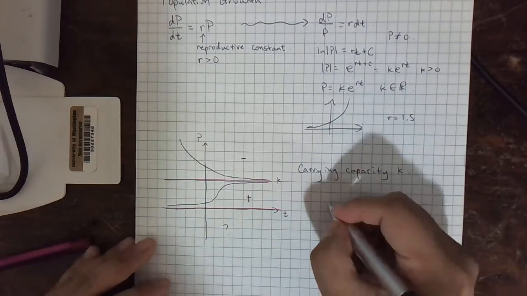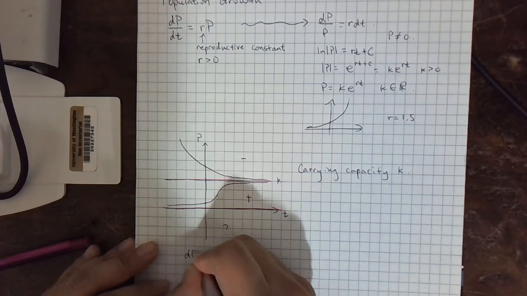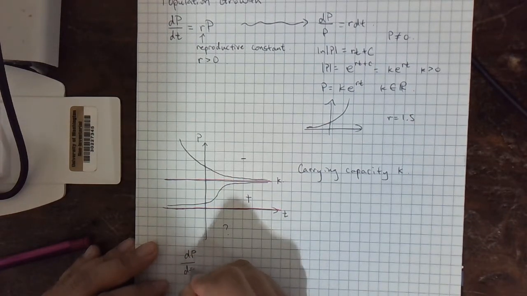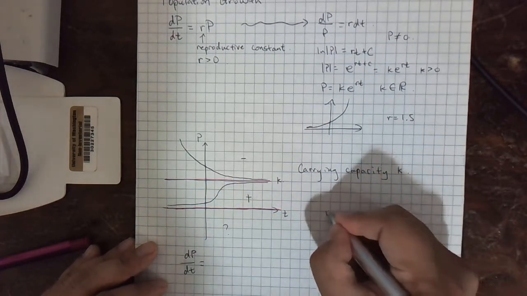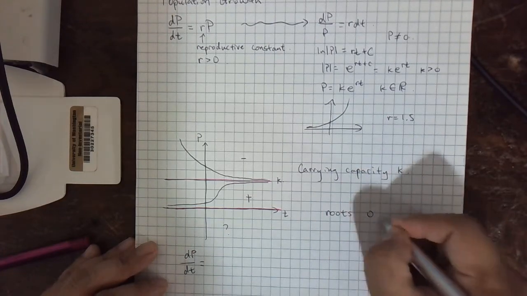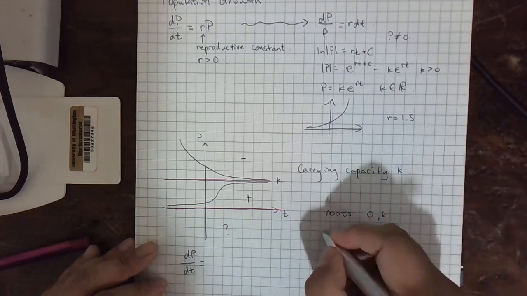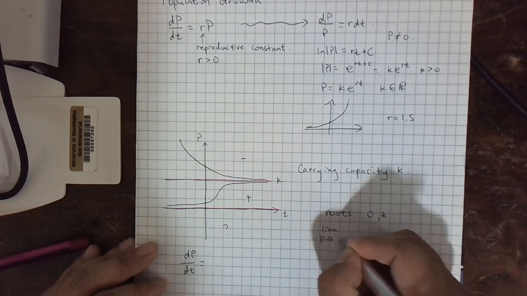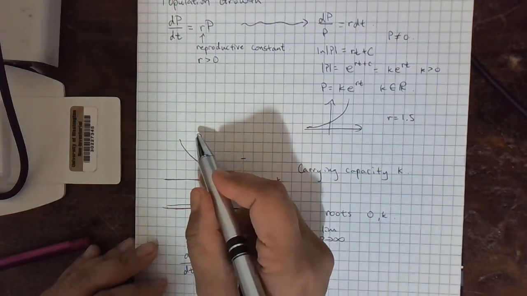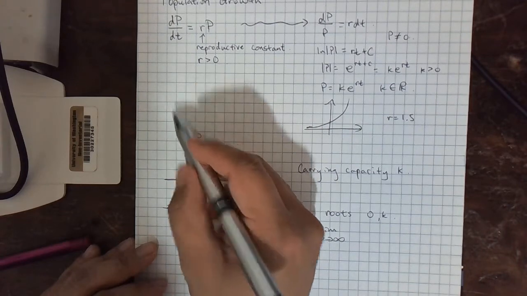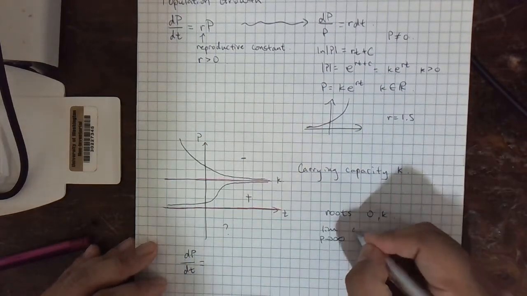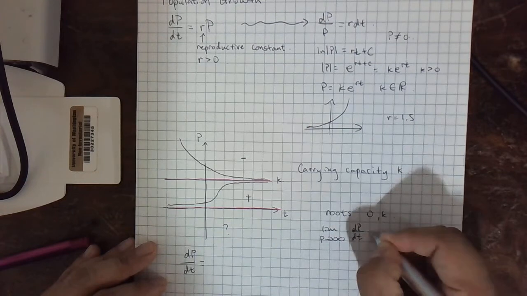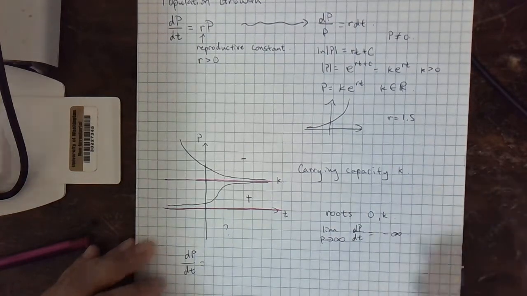So this is dp by dt equals some polynomial with roots 0 and k, and then as p gets really big, it looks like the slope is getting steeper, but still negative, right? So dp by dt goes to negative infinity.